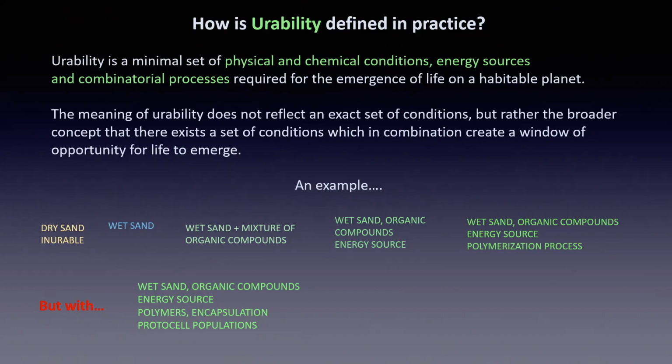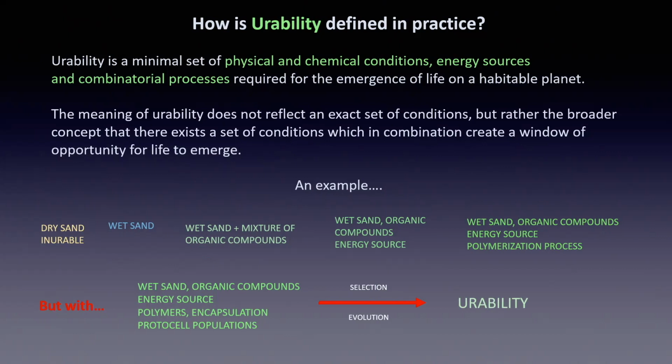They're not all the same, and that means that each of them is a kind of microscopic experiment, some of which are going to be fragile and just break up, but others are going to be more robust, and they're going to have a particular combination of polymers and energy sources and nutrients so that they can begin to undergo selection and evolution. So that is really what it takes in a very general way to define what we mean by habitability. What we're going to do now is to go into further details.